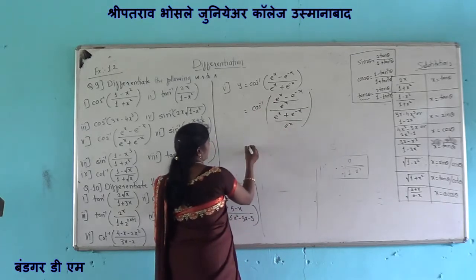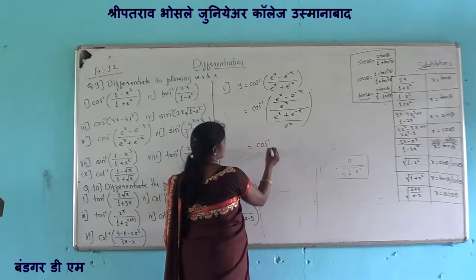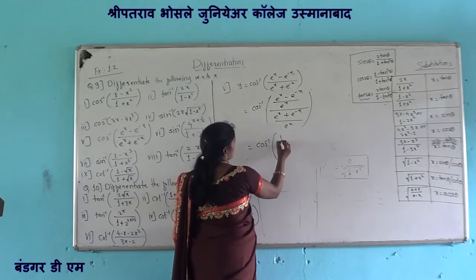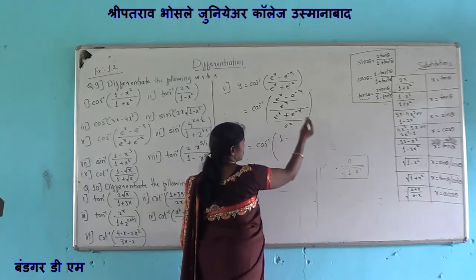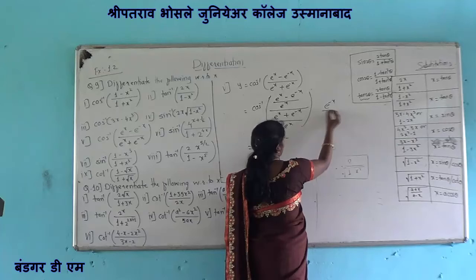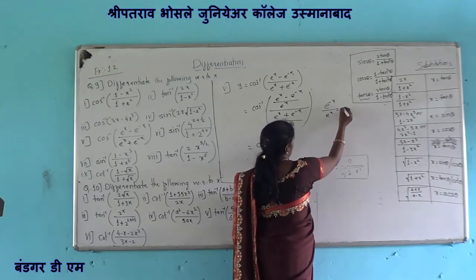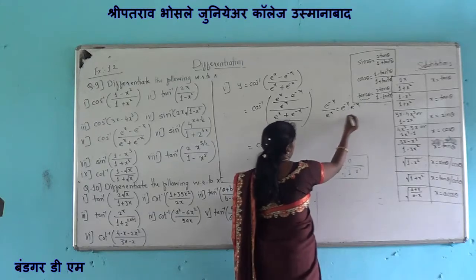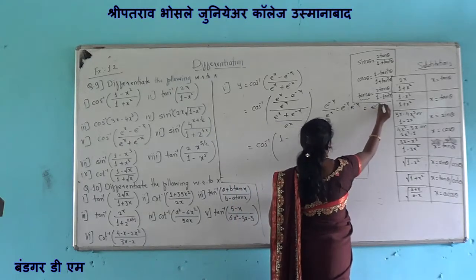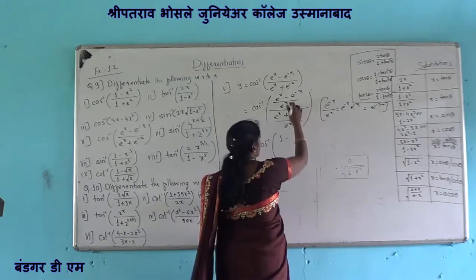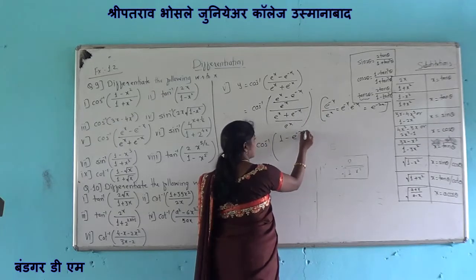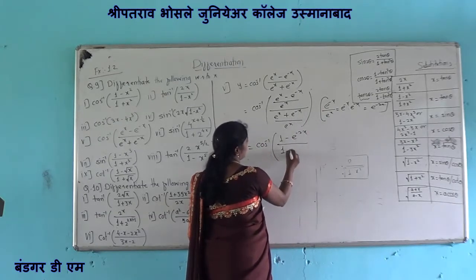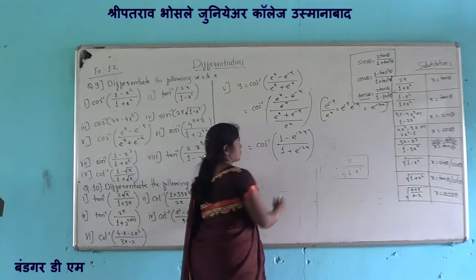So we will get cos inverse of 1 minus e raised to minus 2x upon 1 plus e raised to minus 2x, since e raised to minus x into e raised to minus x is e raised to minus 2x.